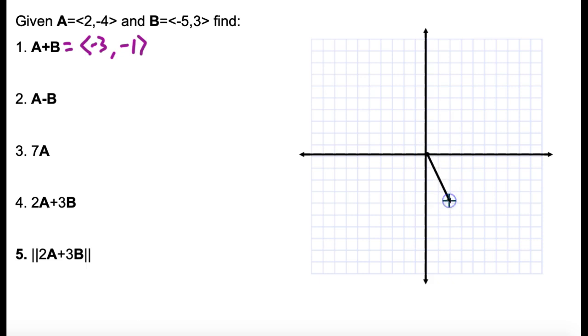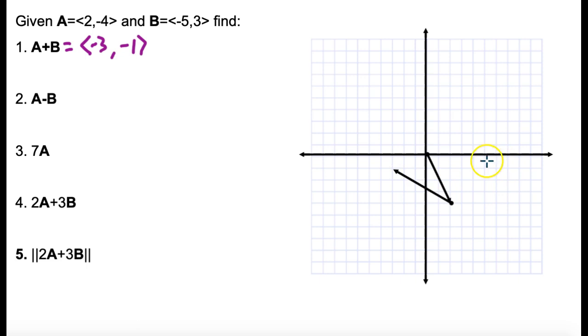To add vectors graphically, what we do is take our second vector and start it at the end, or the terminal point, of our old vector. So we're saying from here now, I'm going to go negative 5 up 3. Okay, so graphically, this is how we would add vectors together.